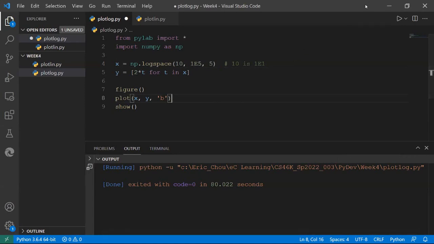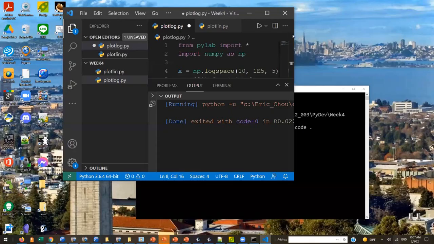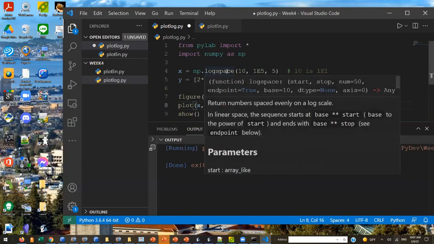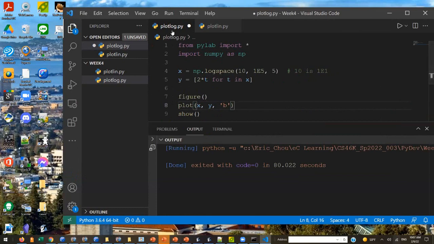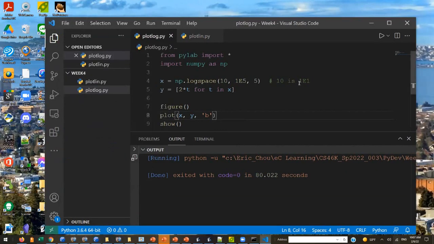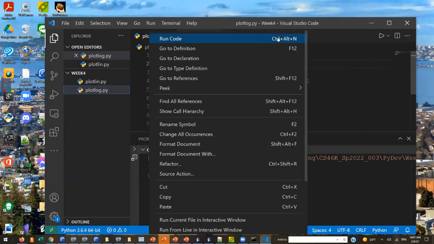So you can create a log space. At this moment your X scale is by the order of 10, but when you plot it, it's still linear space.